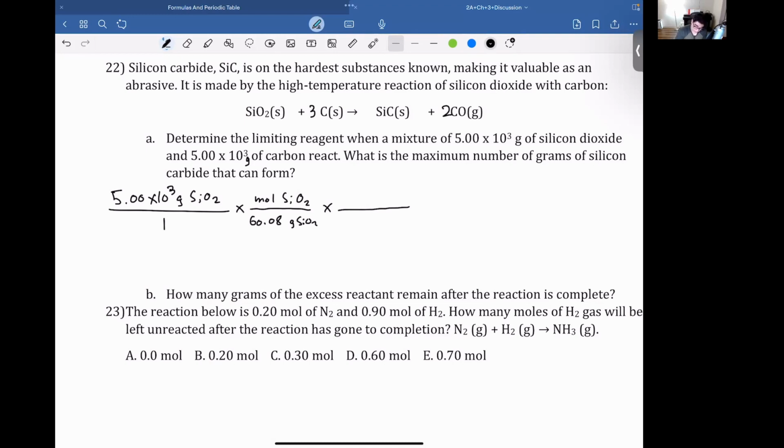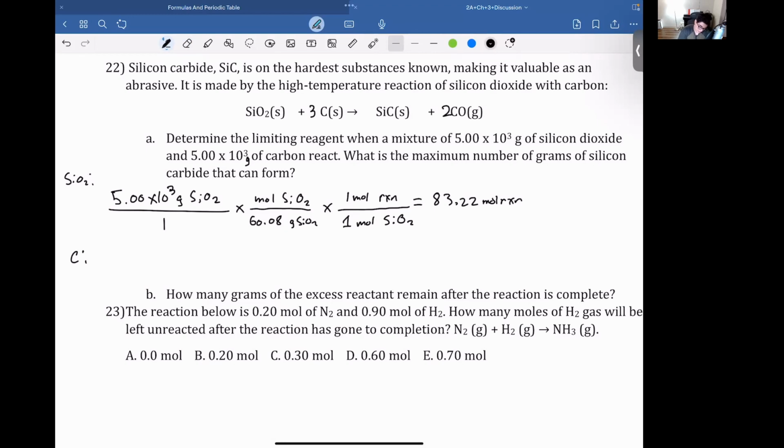Well, if you look at the balanced chemical equation, make sure it's balanced, for every 1 mole of silicon dioxide, I get to do this reaction once. So when you plug this all in, you get 83.22 moles of reaction.